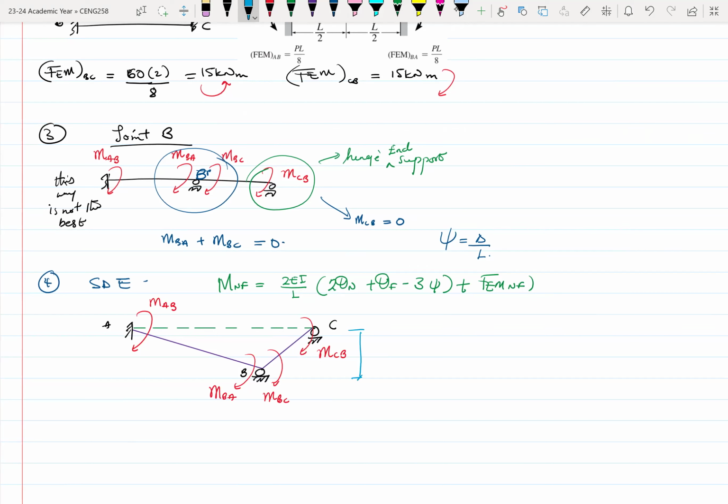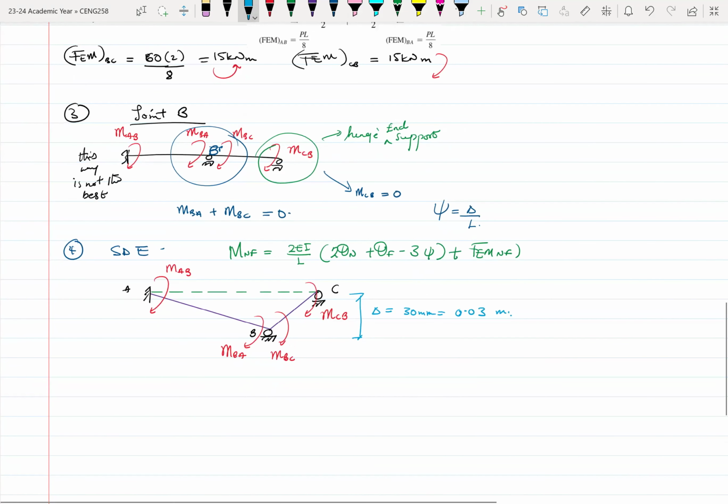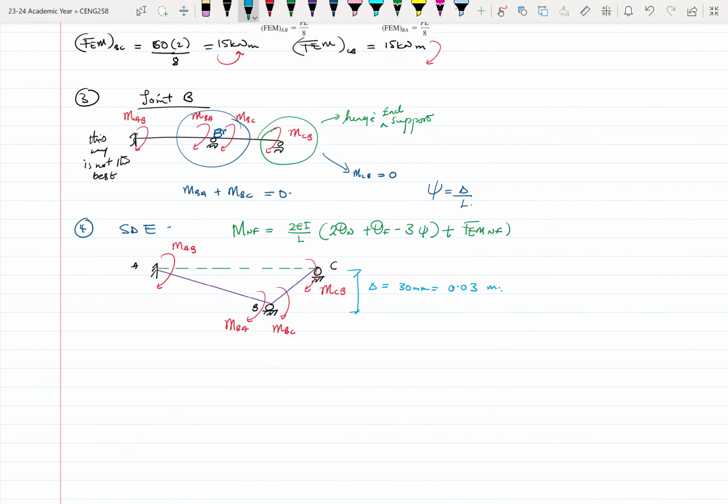Let me draw it outside. Okay, so this is delta, that is 30 millimeters, or 0.03 meters. Okay, this will come in handy. All right. So this is the best way.